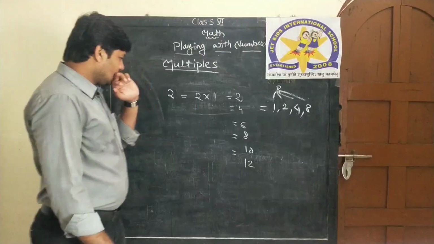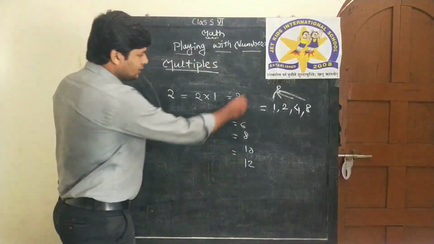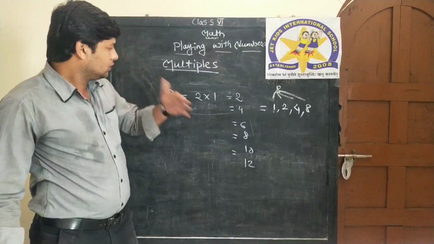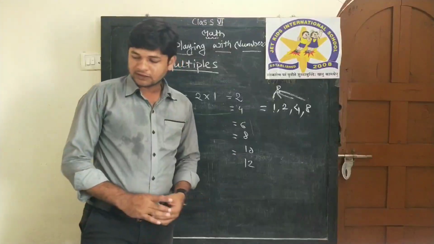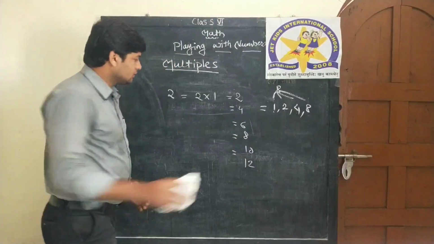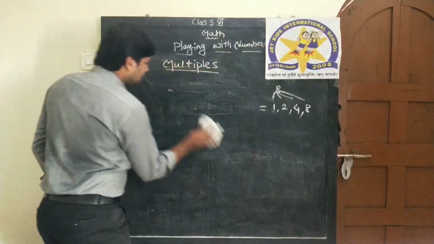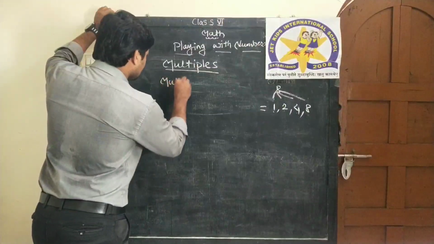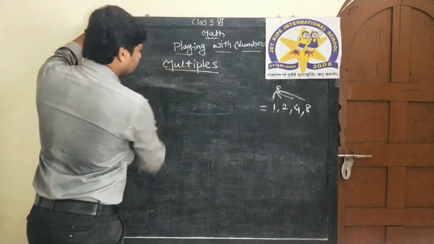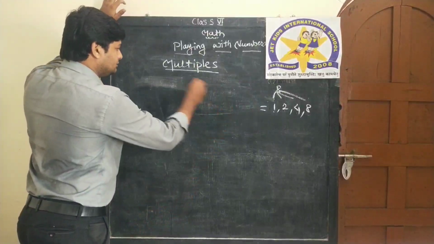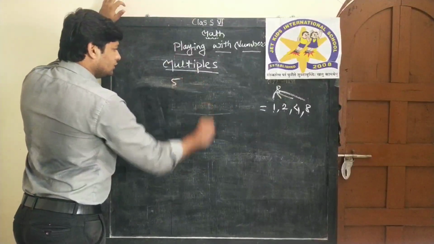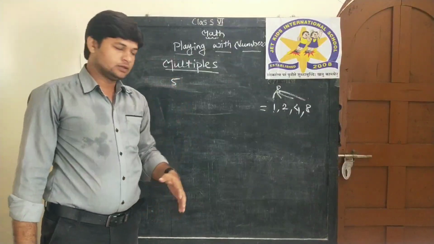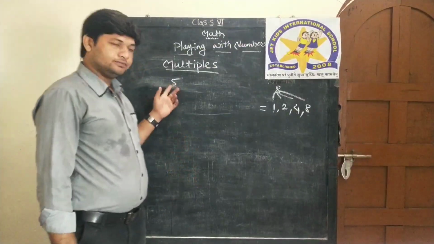Clear? Okay, next thing. But in a question, it won't ask you to write down all the multiples. For example, the next example of multiples: the question will be like, find out the first 5 multiples of 5.